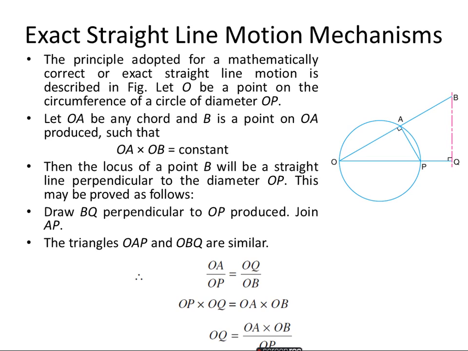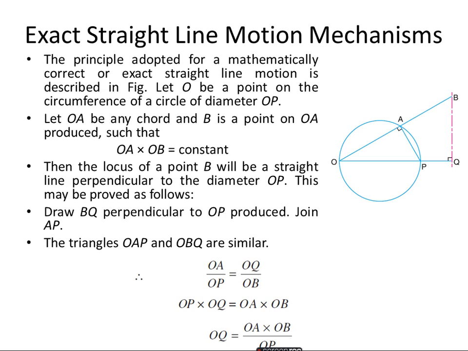In this, the principle adopted for mathematically correct or exact straight line motion is described in the figure. Let O be a point on the circumference of a circle having diameter OP. OA is a chord, and B is a point on OA, produced in such a way that OA into OB is constant.